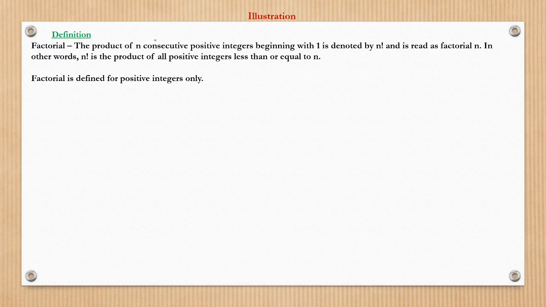So yeah, now factorial basically is the product of all the natural numbers which is less than a given number. So factorial of n would be the product of all the positive integers less than or equal to n. That is, the product of n consecutive positive integers beginning with 1 continuing till n will give n factorial.